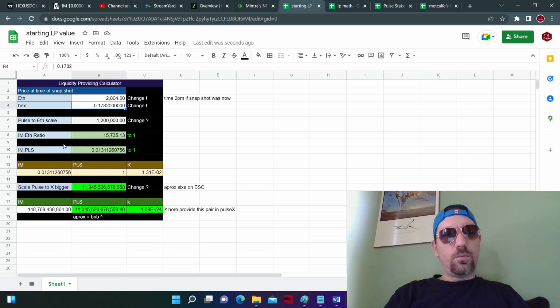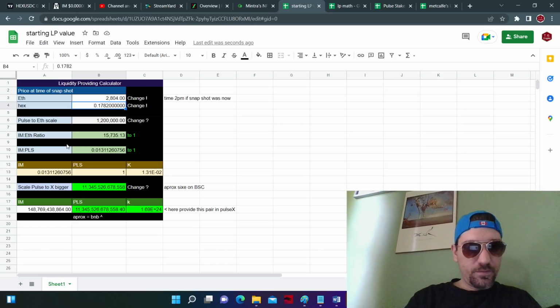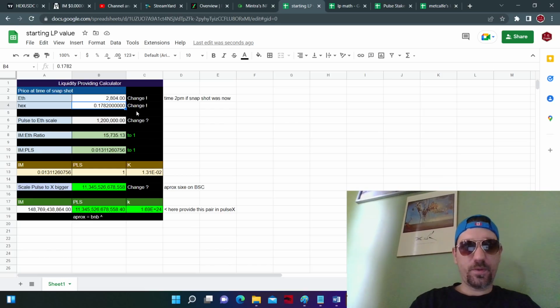So what I'm trying to find out here with these ratios is exactly how many coins you should be getting when these buyouts happen, right? That's interesting. Did I screw up this math?